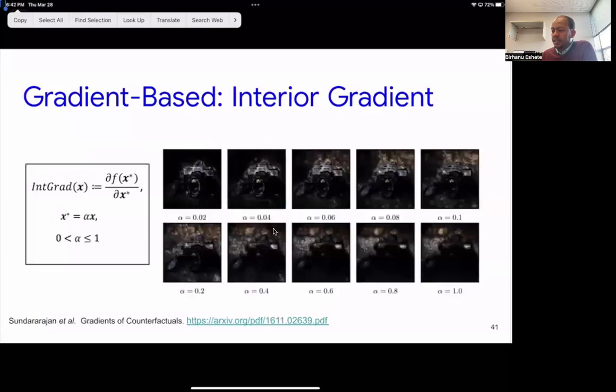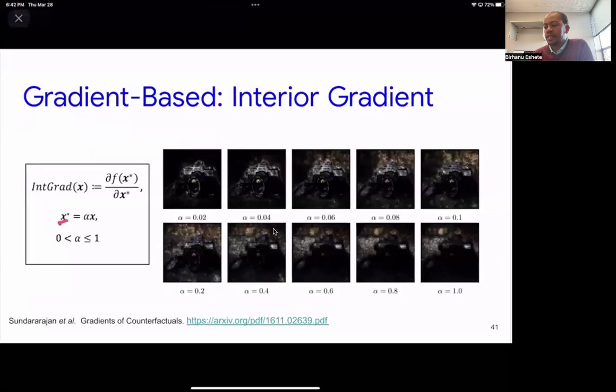So the way this is done is you can basically do a partial derivative of the scaled version of the input. So x star is x scaled with some scaling factor alpha, and this alpha is between 0 and 1. So scaling with 0 means the same image or the same input, and scaling with 1 means changing the image, changing the size by a large margin.